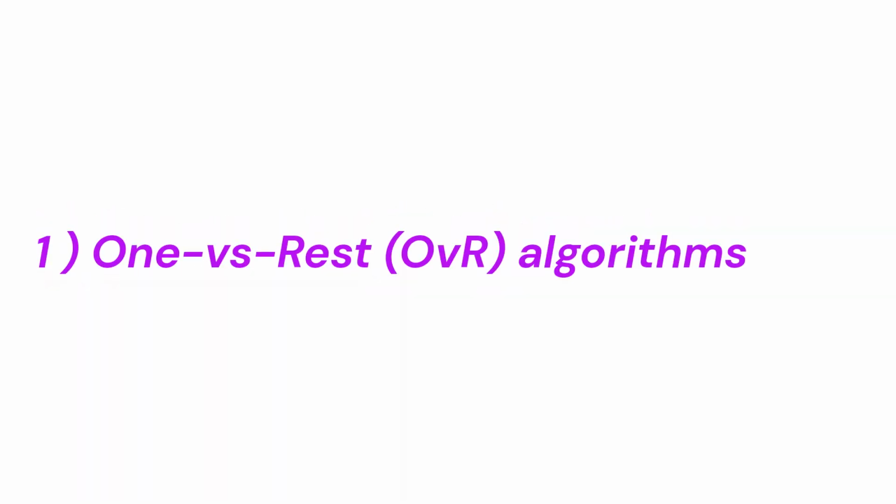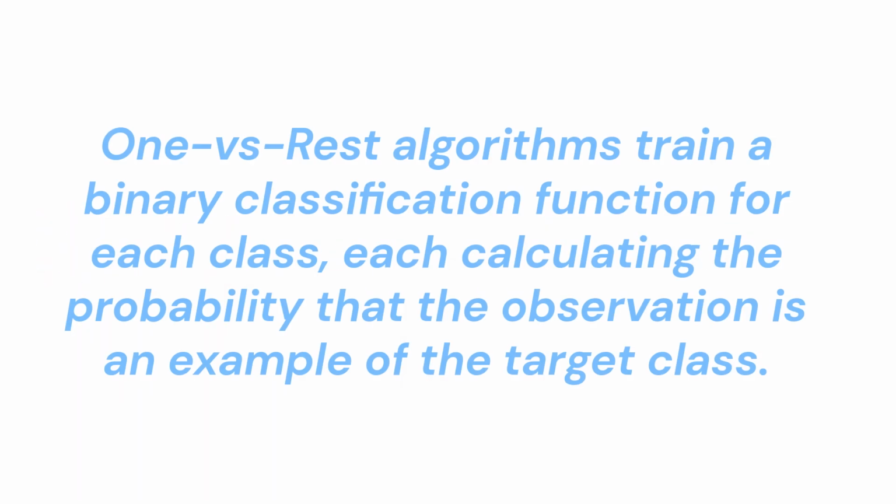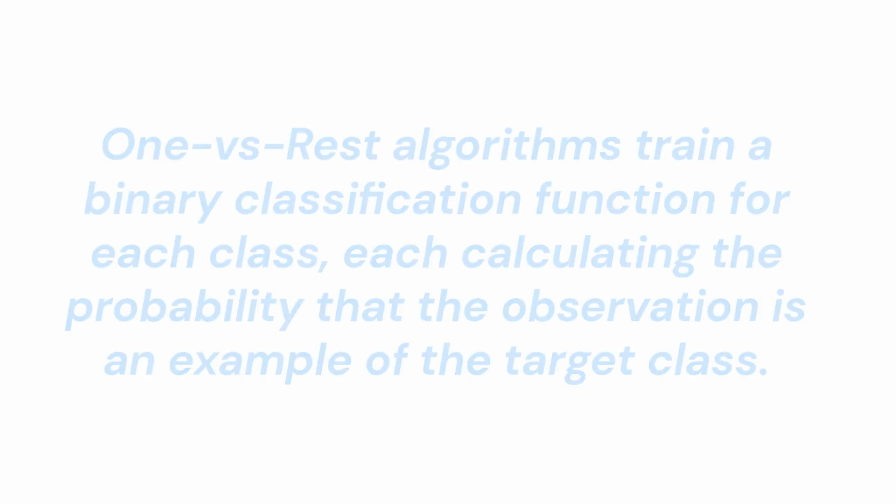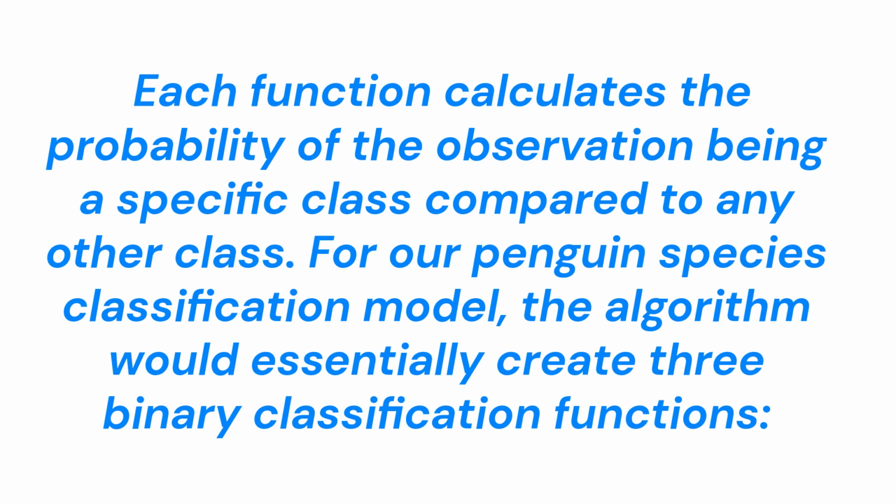One vs rest, OVR, algorithms. One vs rest algorithms train a binary classification function for each class, each calculating the probability that the observation is an example of the target class. Each function calculates the probability of the observation being a specific class compared to any other class.